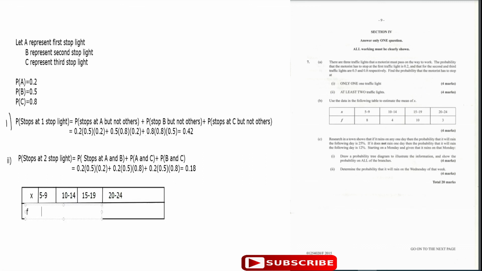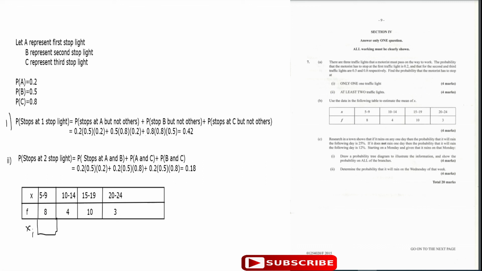The frequency is 8, 4, 10, and 3. All right, now all we need to do is draw another table to represent the midpoint. So now we need a midpoint. I'm going to call this xi. This is the midpoint table.